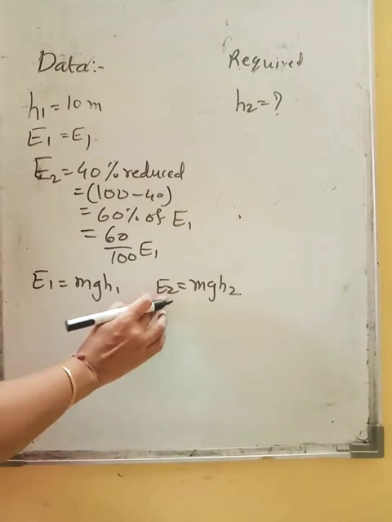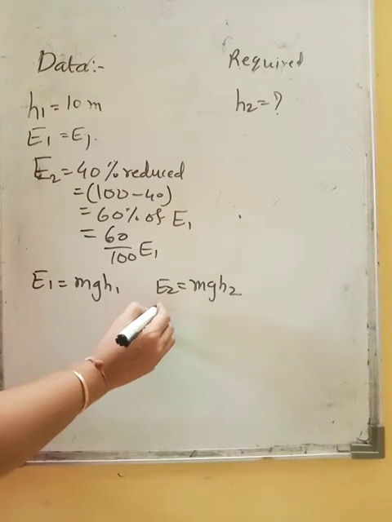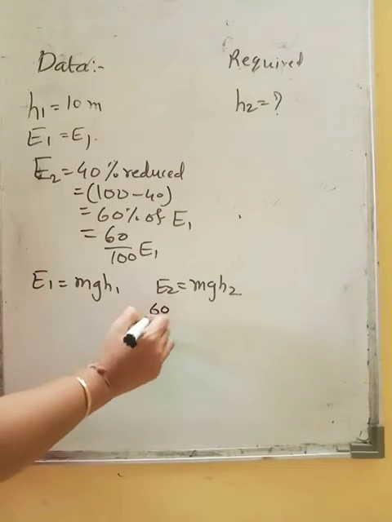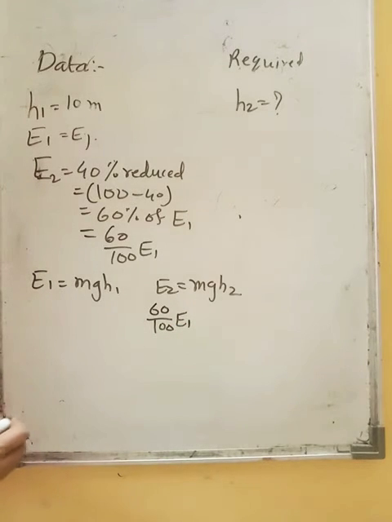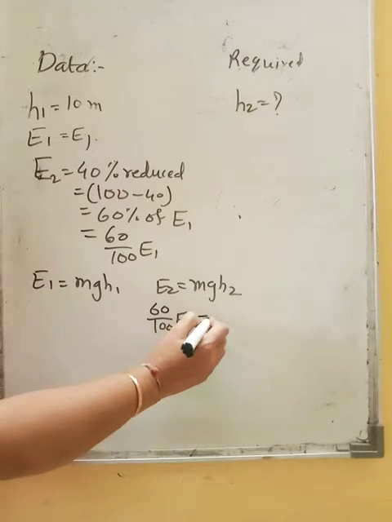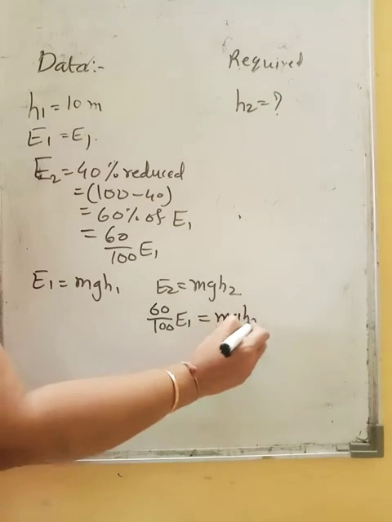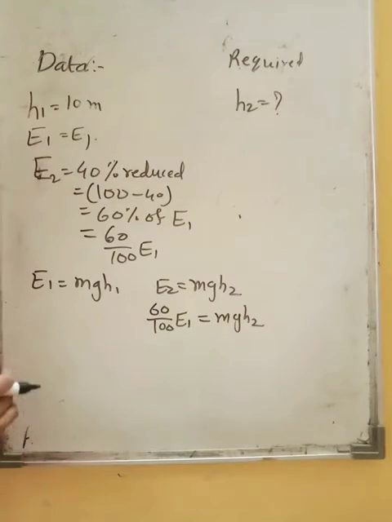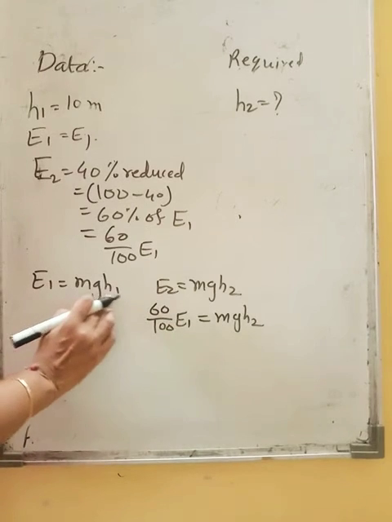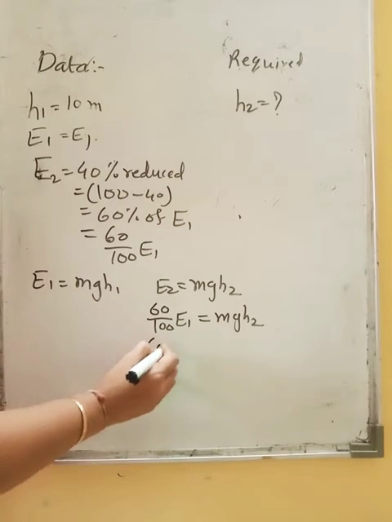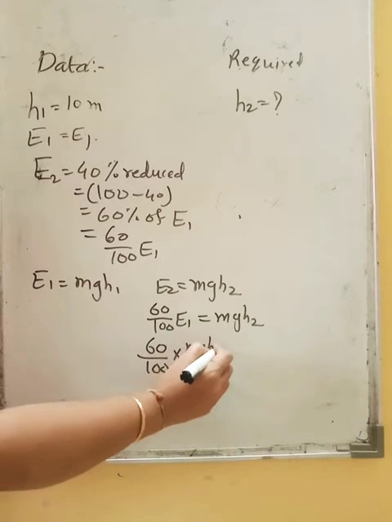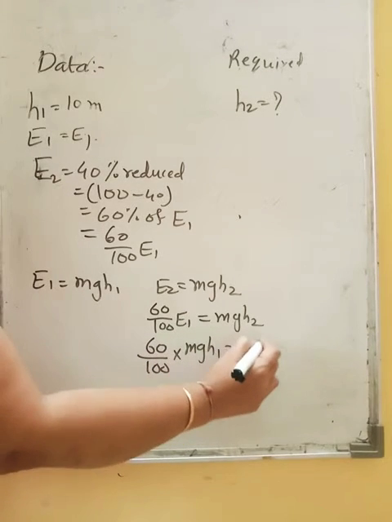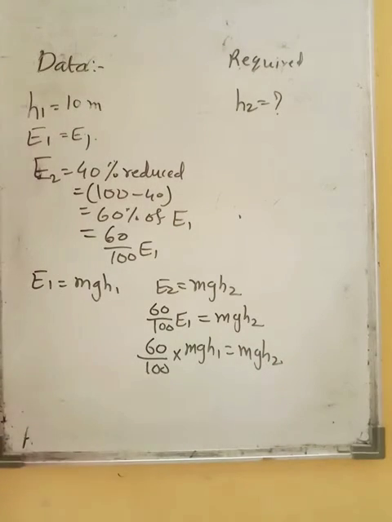I can write E2 as 60% of E1, so 60% of E1 is equal to mgh2. Now instead of E1, I write mgh1. So 60 upon 100 into mgh1 is equal to mgh2. Is it clear?